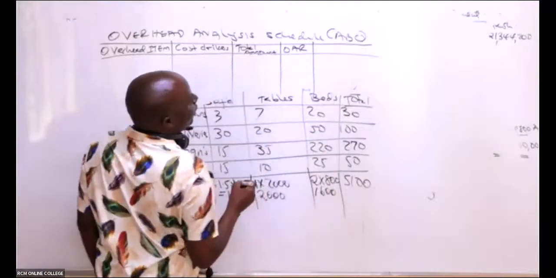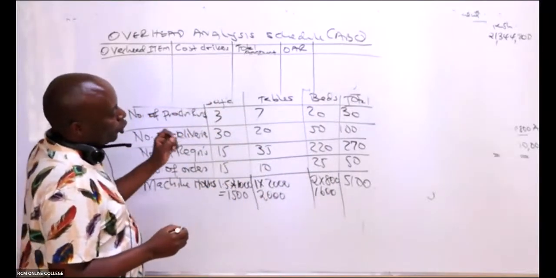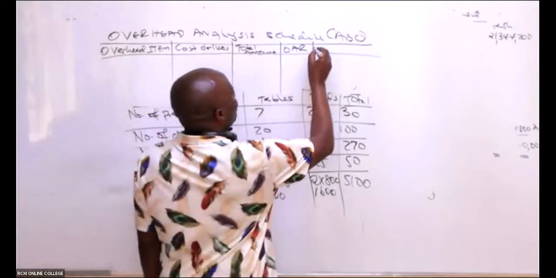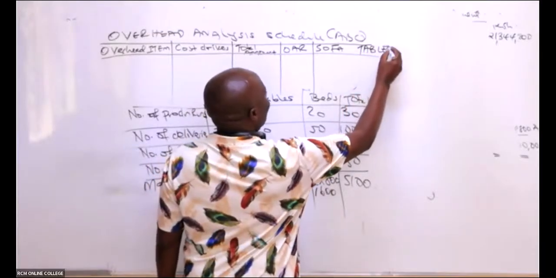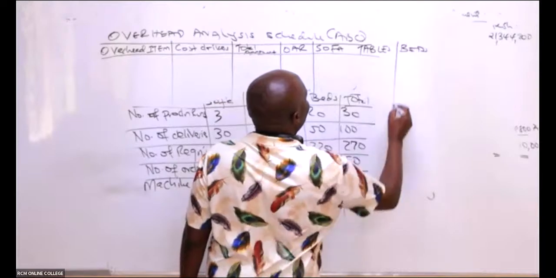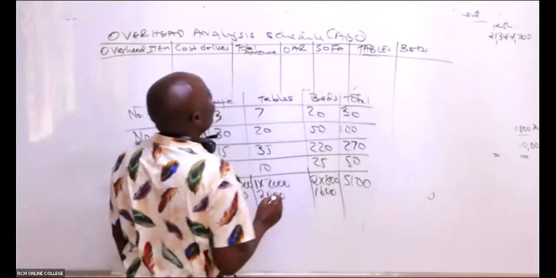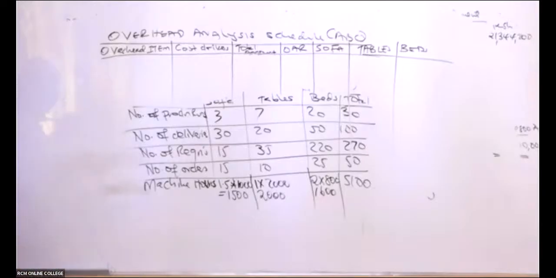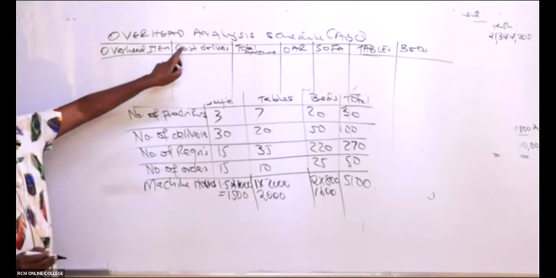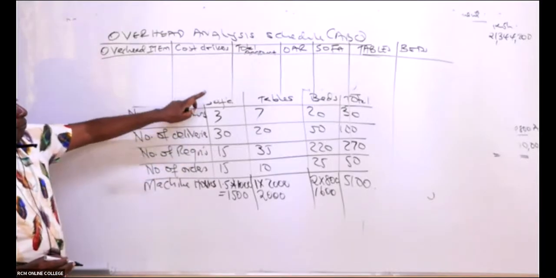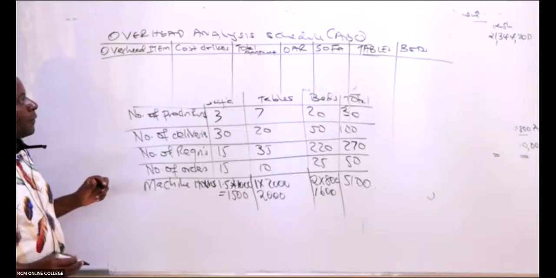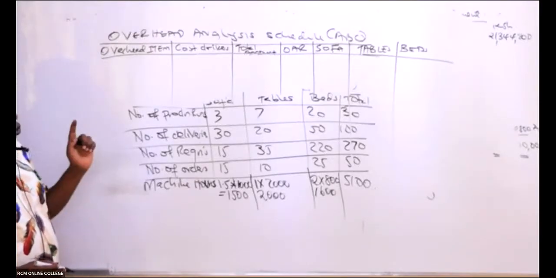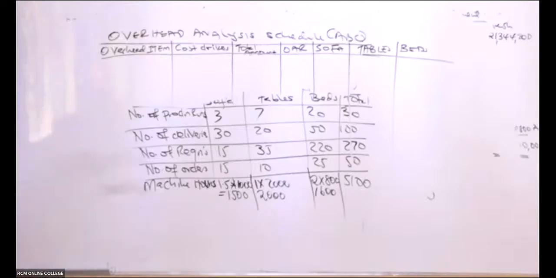Then you have your overhead being spread to the products, so we have tables, beds, like that. The cost driver connects the overhead item to the products, so it will be very important for you to have cost drivers.